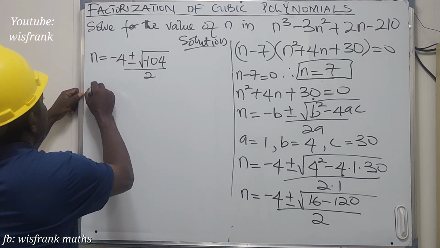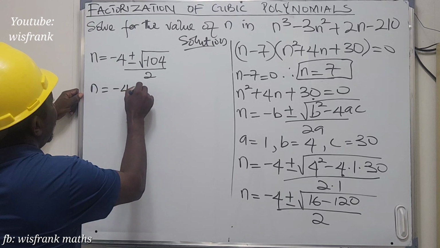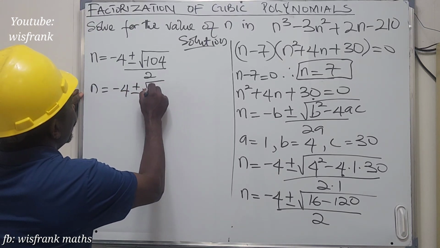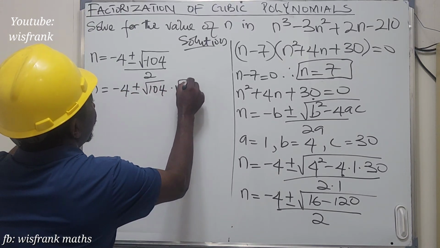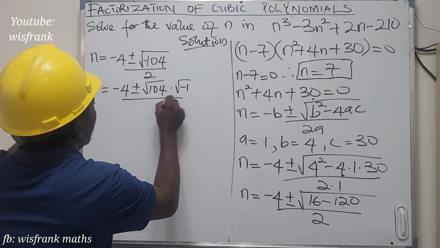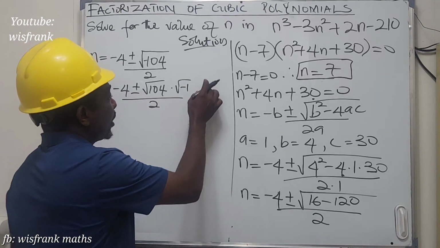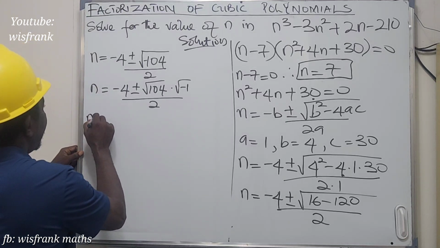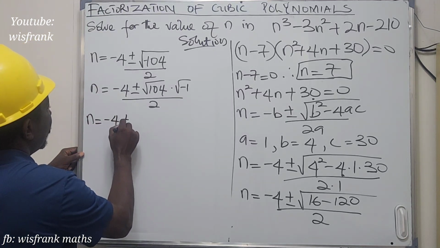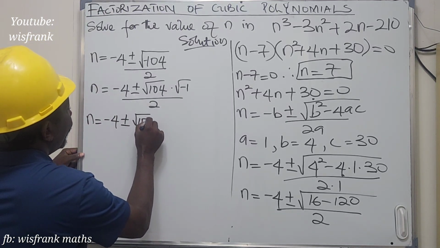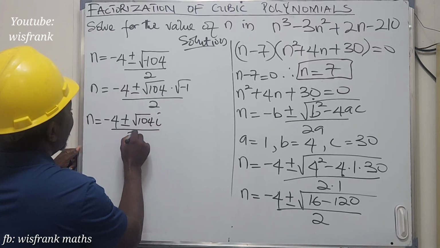This is the same thing as n equals minus 4 plus or minus root 104 times root minus 1, all over 2. We all know that root minus 1 is i, which is iota. So this will become n equals minus 4 plus or minus root 104 i, all over 2.